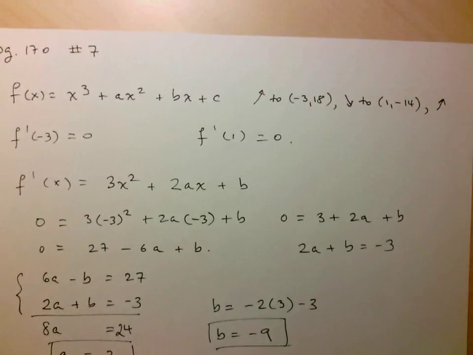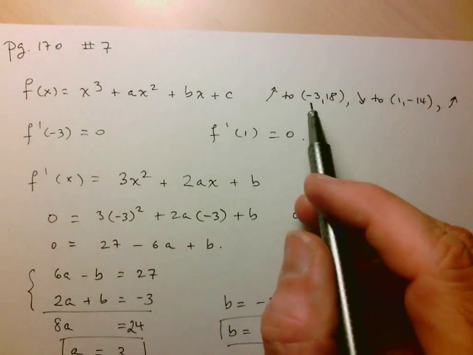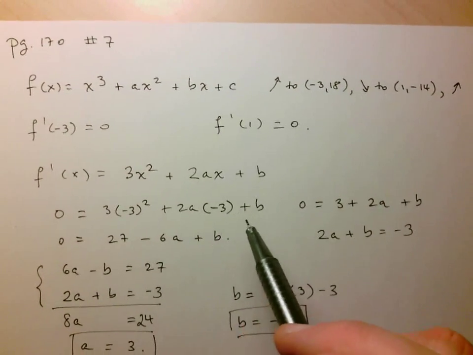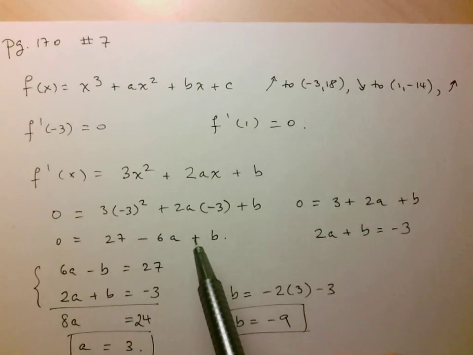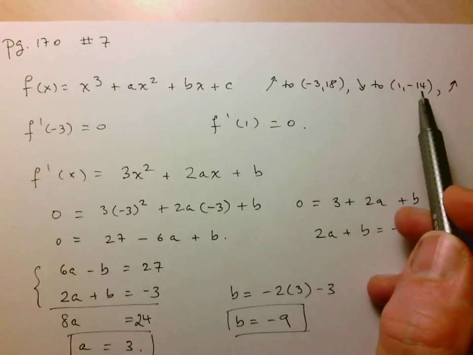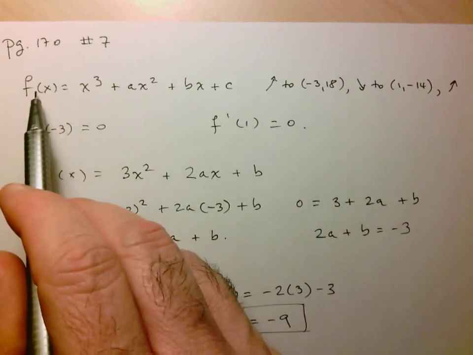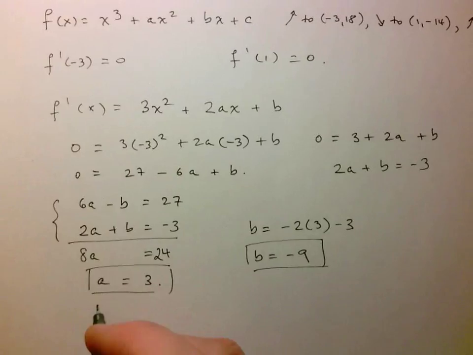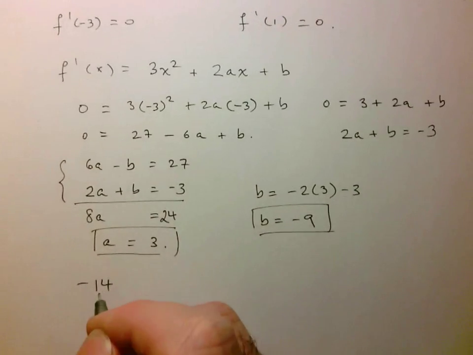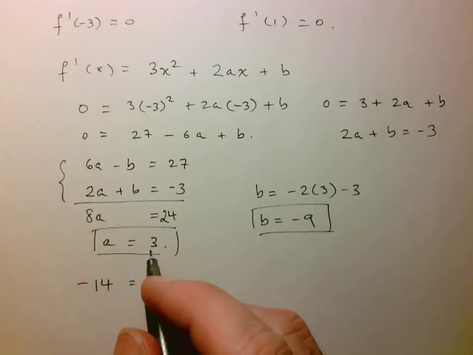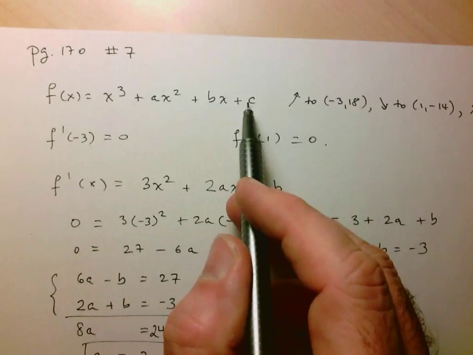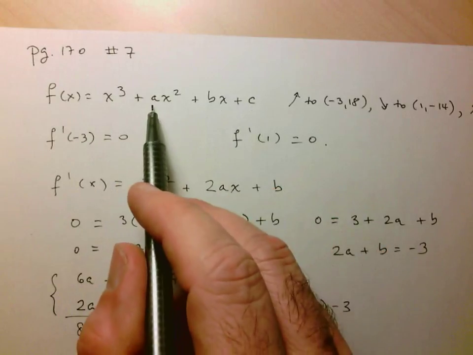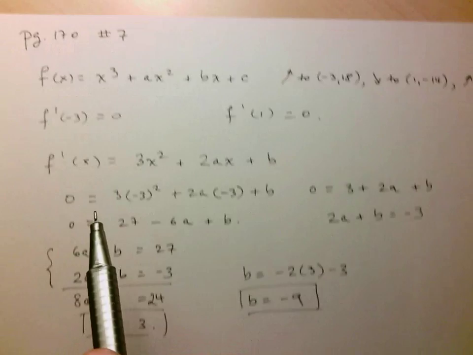Okay, so now we actually have a choice of which point to use. If you did want to check, you could do it for both and see that you would get the same answer for c. But (1, -14) seems a little easier, so here for y I will input -14 equals x cubed plus a x squared plus b x plus c. This is where I'm inputting my 1 for x, and a is 3, b is -9.